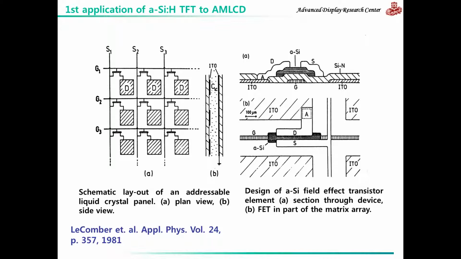In 1981, Lecombe also reported the first application of amorphous silicon TFTs to active matrix liquid crystal displays. Here, amorphous silicon TFTs were used as pixel switching elements. TFT LCDs today use amorphous silicon for the same reason.